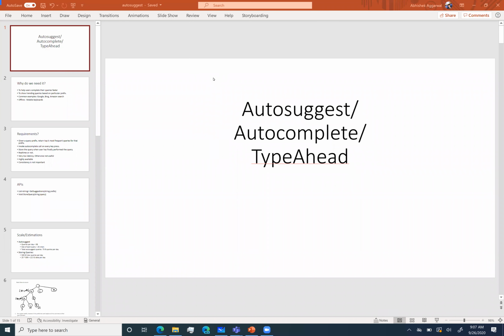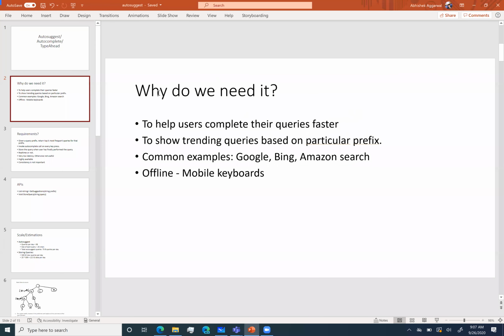Okay, so now moving on. First, I want to start with what are the scenarios where we would need auto suggest? What are some of the examples? One use case I see for auto suggest is that it will help users query faster, because they will get that suggestion and don't need to type the entire query, they can just use that suggestion.